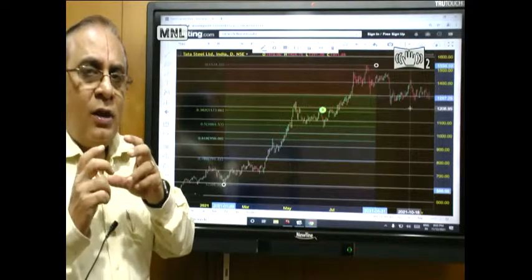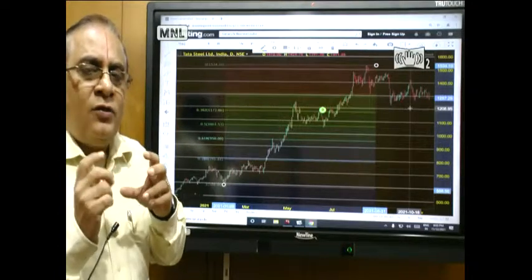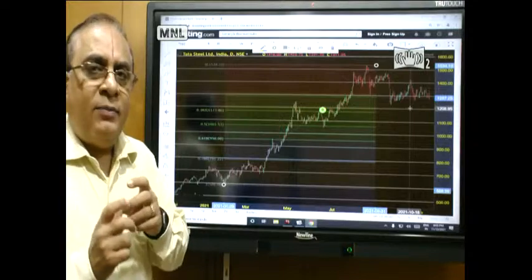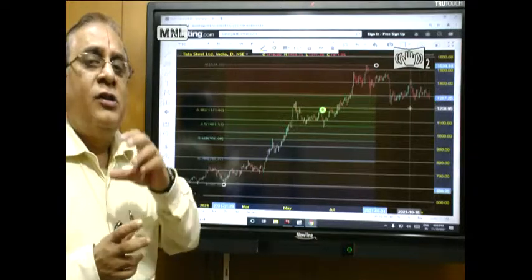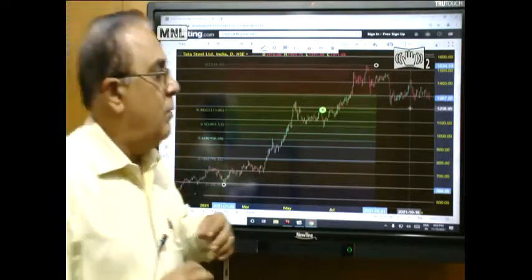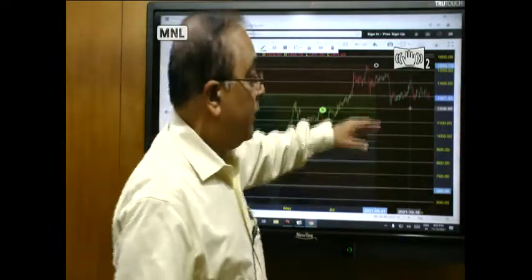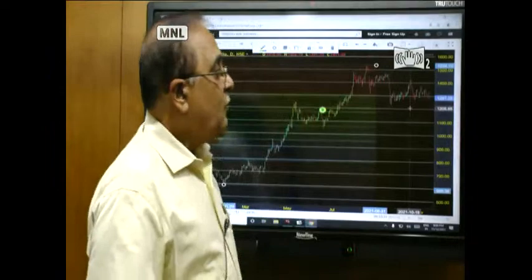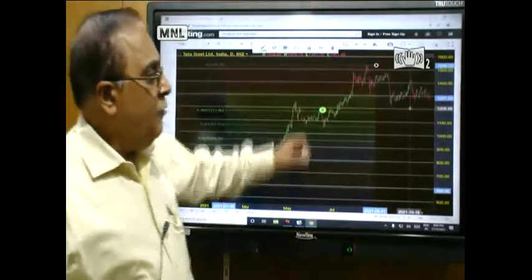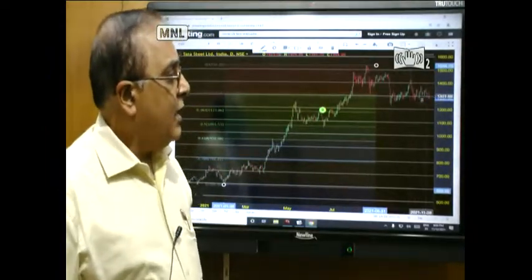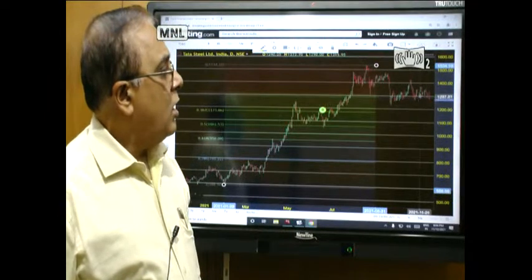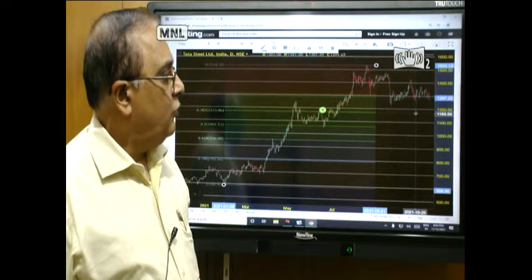If that be the case, any rally, keep on estimating that this could become resistance, this could become resistance. So you don't need to be really bullish for Tata Steel till this particular level is crossed. But having said that, for a trader, probably you could have gone long over this. You could have kept this low also as a stop loss.